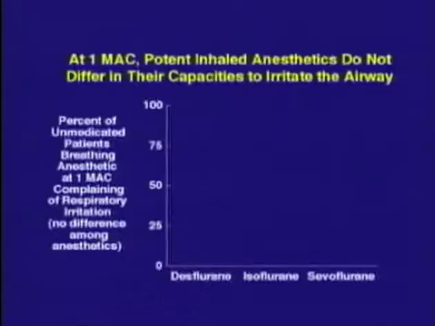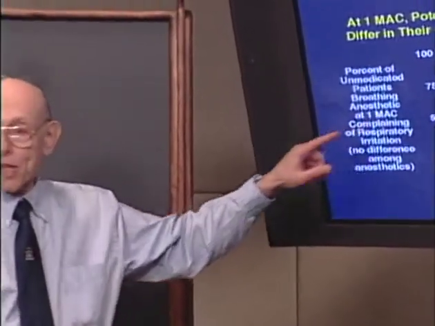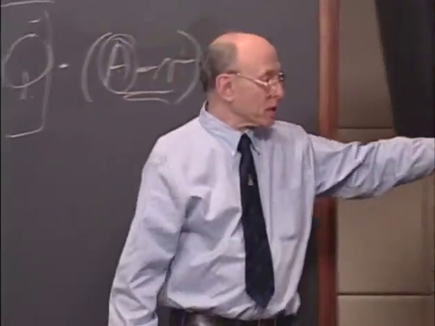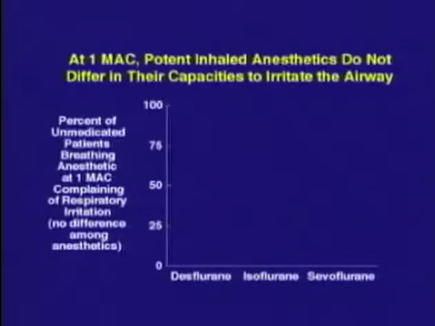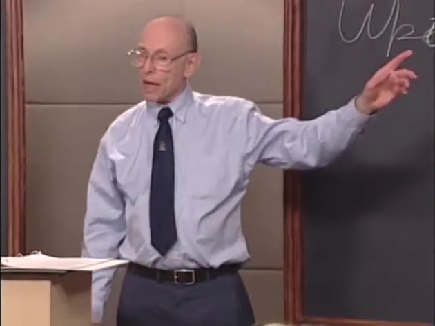Let me show you this graph, which made one little change: instead of 2 MAC, 1 MAC. At 1 MAC, the percent of patients complaining of respiratory irritation with desflurane, isoflurane, and sevoflurane is exactly the same: 0. So maybe we could induce anesthesia with desflurane if we keep that in mind.